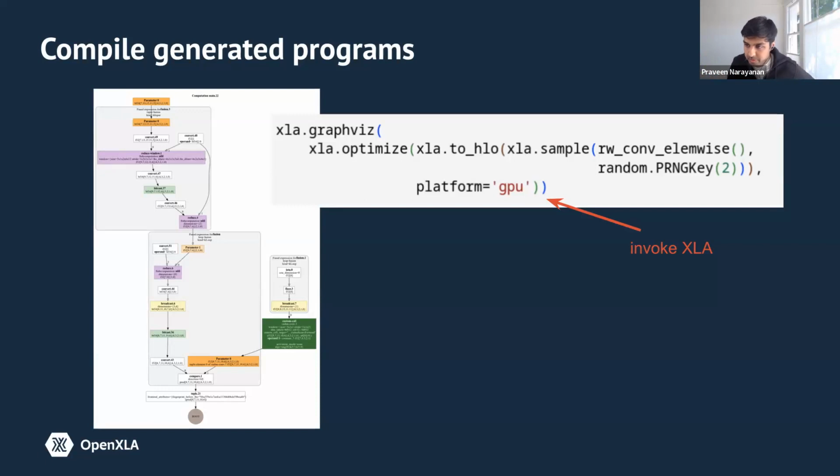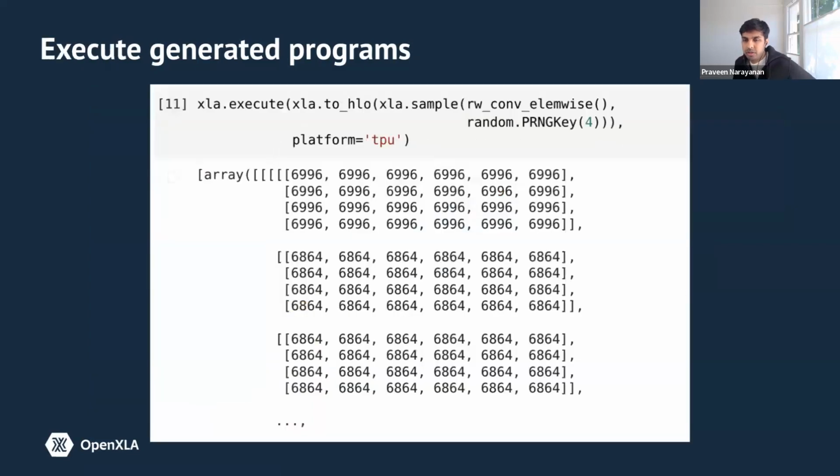So here's an example of simply calling one sample from the custom generator that we had written, and then compiling, invoking the XLA GPU compiler. Next slide, please. Another high-level test we often want to do is execute our program against a certain backend and compare it to an evaluator or interpreter.